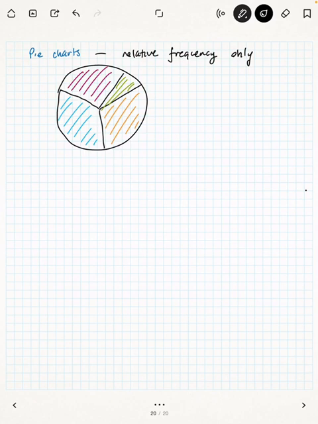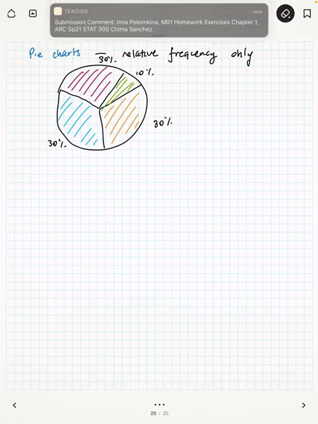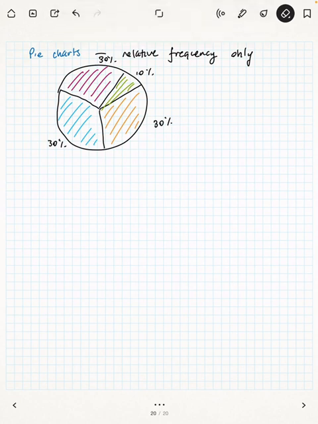And the problem with pie charts is that visually it's hard to tell. For instance, if this is a 30%, 30%, 10%, kind of like the distribution of grades in this class, it may be hard to tell the difference between 30% and 30%, or whether this is 32% and this is 28%.